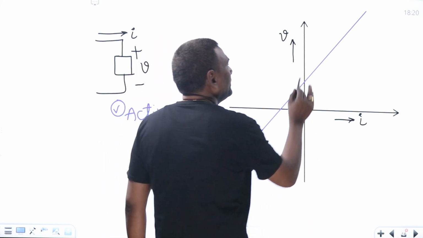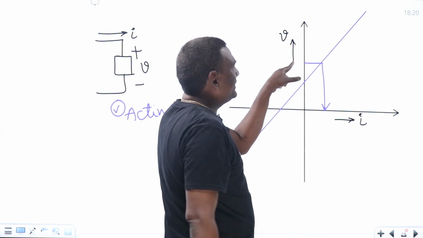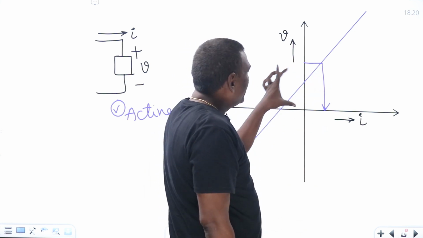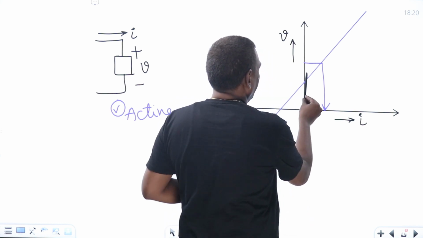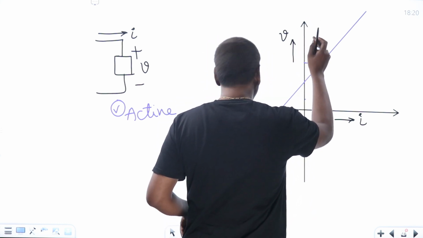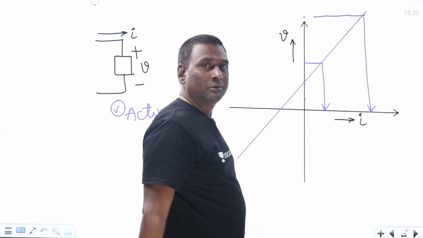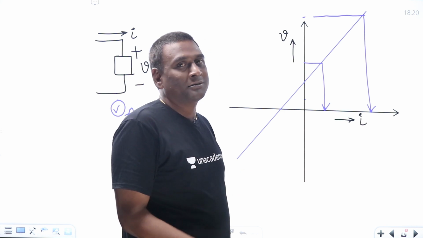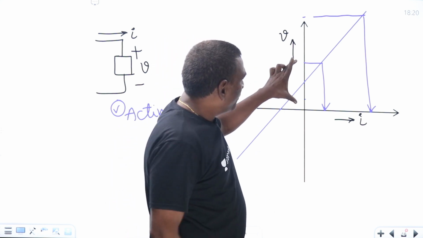Now, let us think of linearity. For example, if V is the input and I is the output. If I double V, will I be doubled? No. For y equal to mx it is okay, but not for y equal to mx plus c. For this voltage, this is the current.